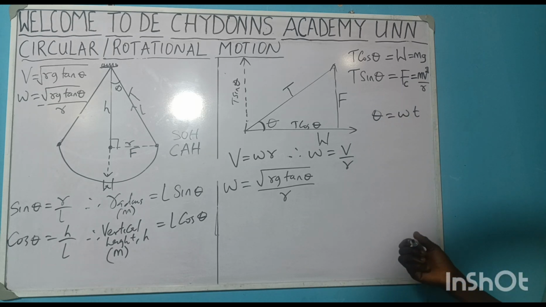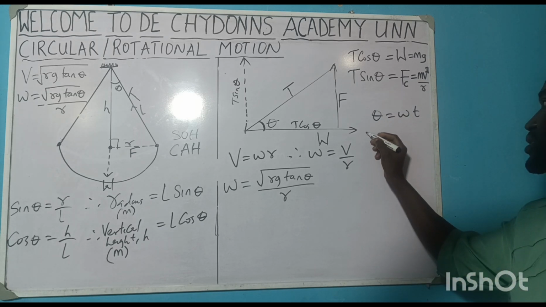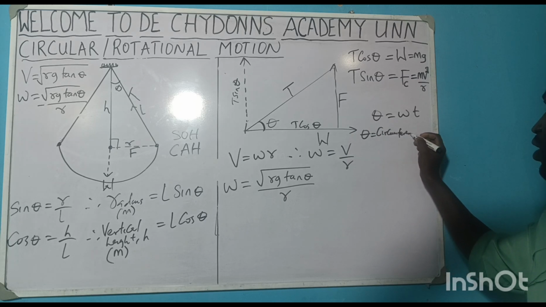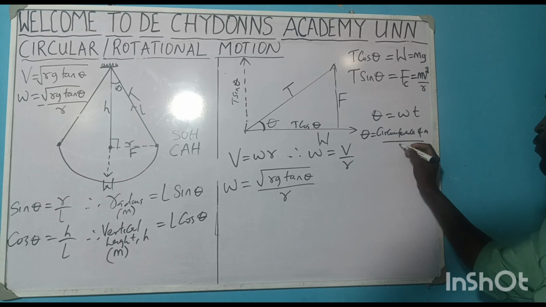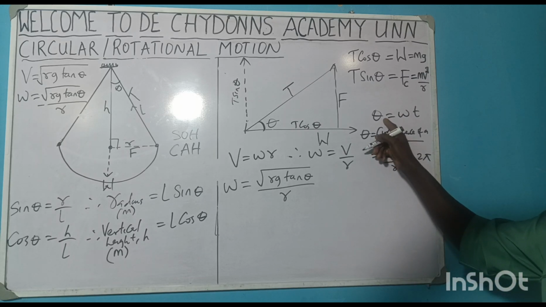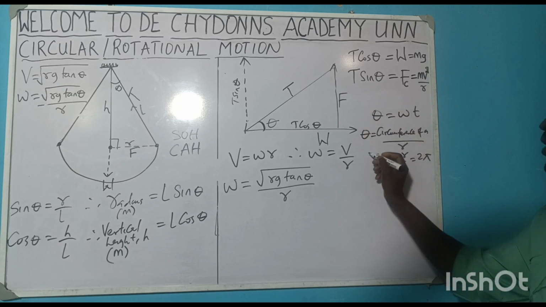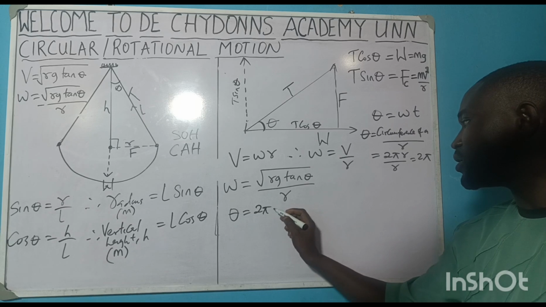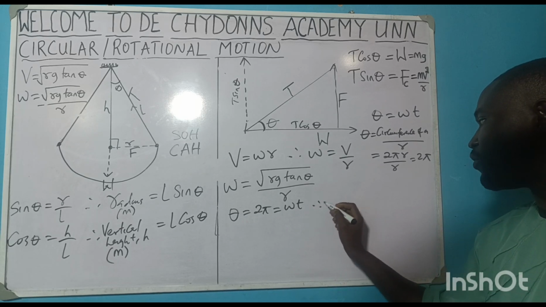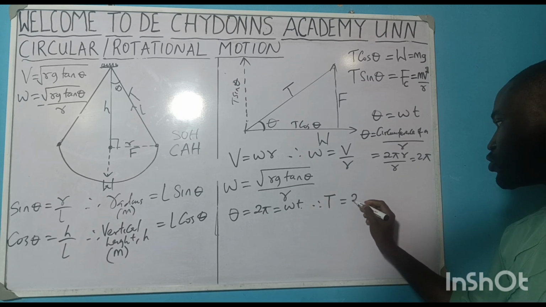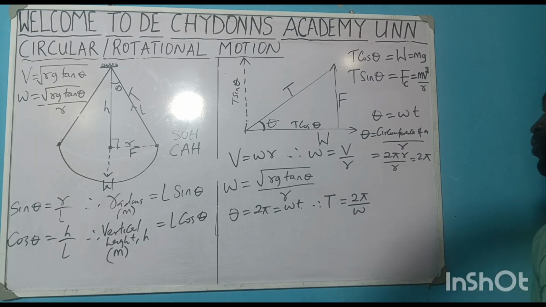And from what I said before, theta is equal to the circumference of a circle over the radius, which is 2 pi r over r, equal to 2 pi. So theta is equal to 2 pi, equal to wT. Therefore, T, which is the period, will be equal to 2 pi over w.